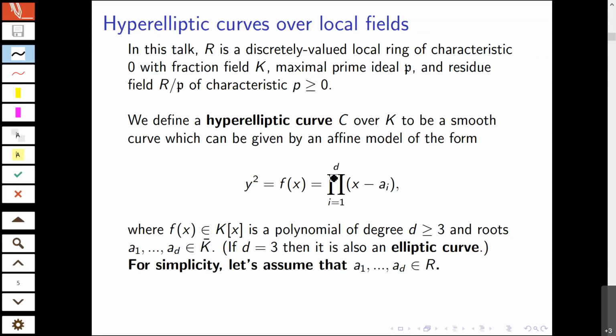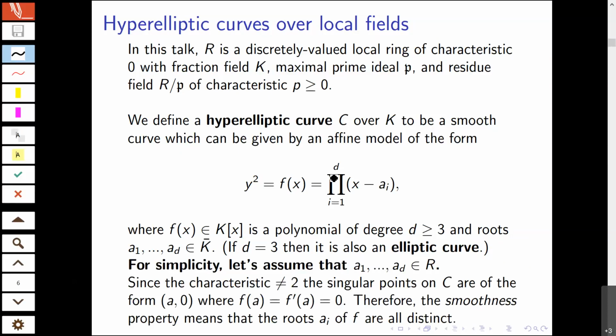We can just scale x and scale y, and the worst we have to do is to pass to a quadratic extension of K. In the context of this project, it's no problem to pass to finite algebraic extensions of K. So we can just go ahead and say that these are all integral.